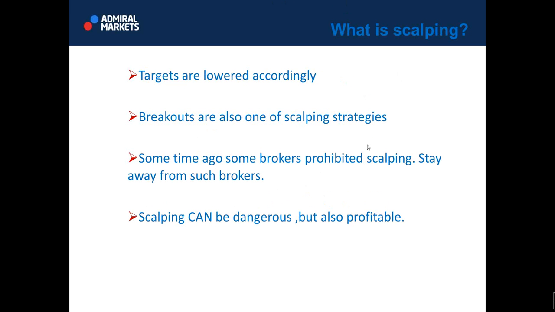Now, in scalping, targets are lowered accordingly because, let's be honest, if you scalp, you cannot expect 30 pips. At least 5 to 10, 12 pips. That is how we scalp.